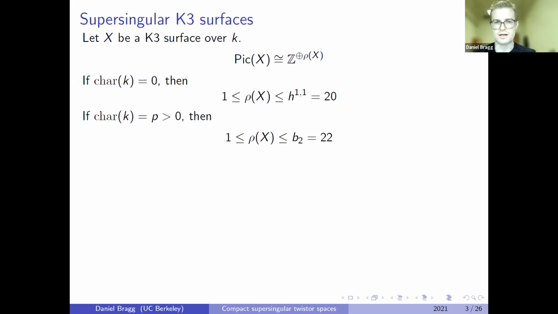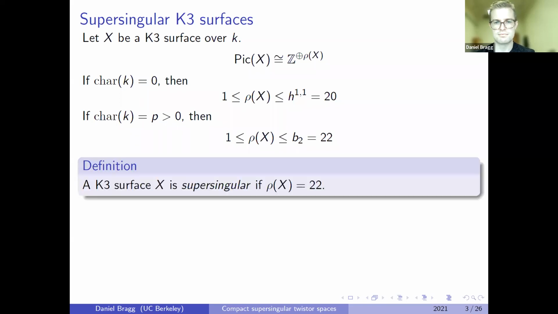But if the characteristic is positive, you only get a weaker bound: the Picard rank is less than or equal to the second Betti number, which is 22. And the Picard rank really can be strictly bigger than 20; it can be as big as 22. And this is one way of defining a supersingular K3 surface: it's a K3 surface whose Picard rank is 22.